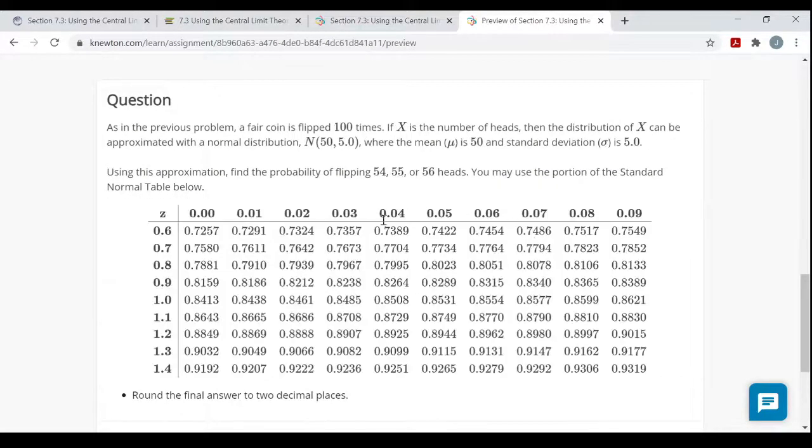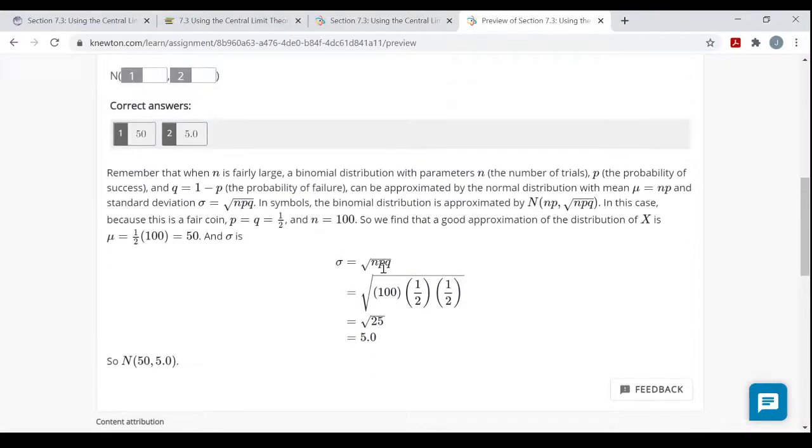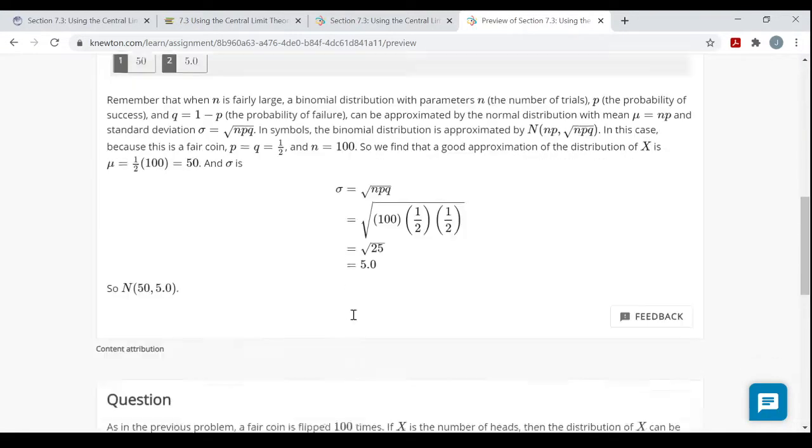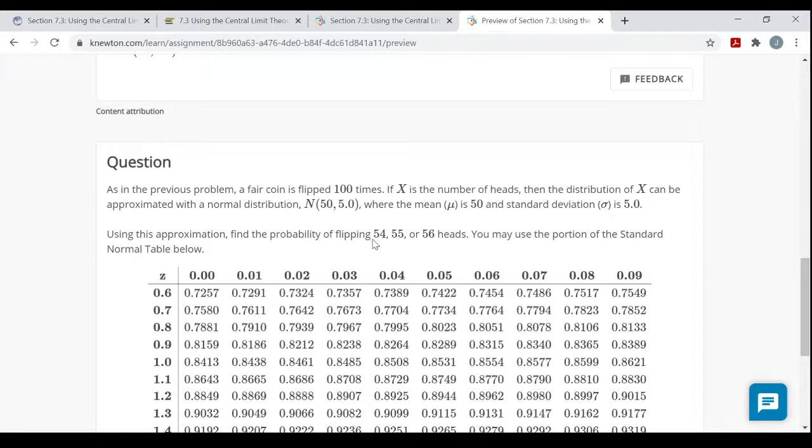So now, using the previous answer, we know that the binomial distribution is approximated by this normal distribution with a mean of 50, standard deviation of 5. Using that fact, they wrote it again down here. As in the previous problem, a fair coin is flipped 100 times. X represents the number of heads, and the distribution of X can be approximated with this normal.